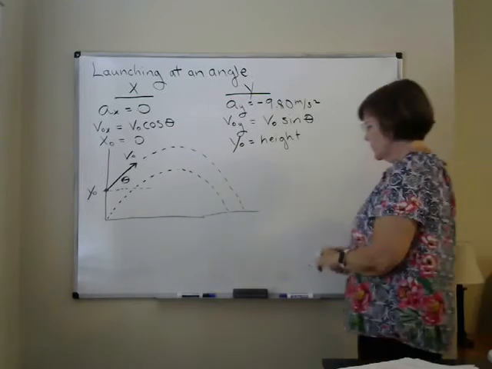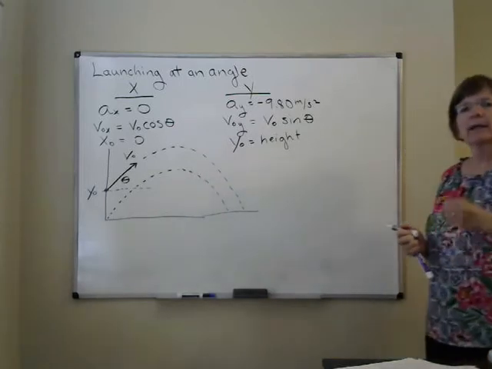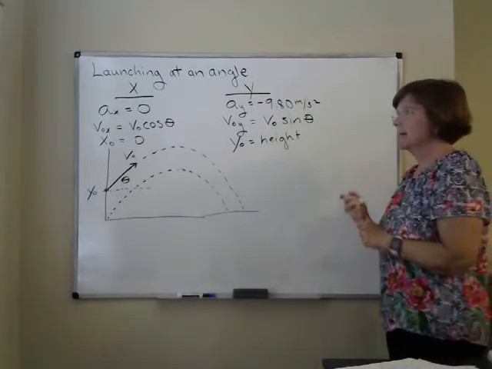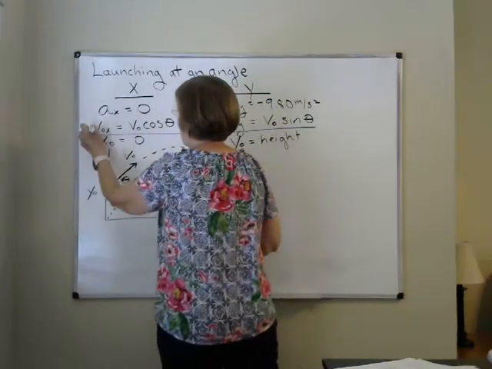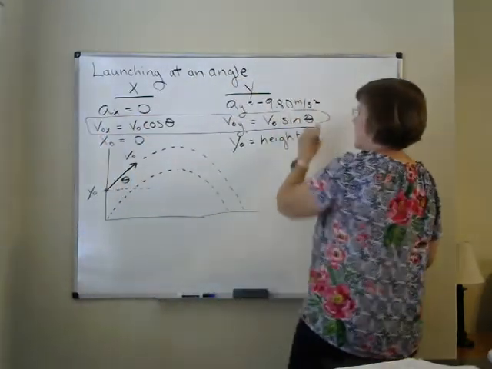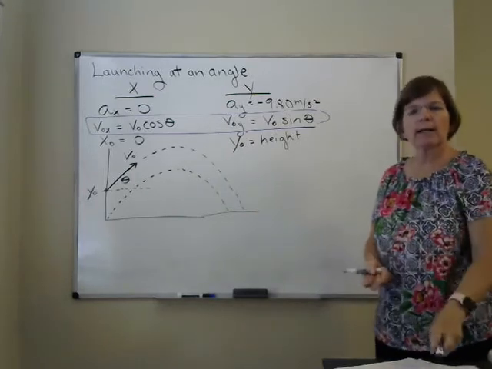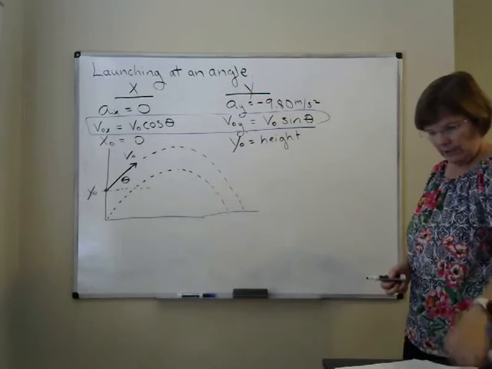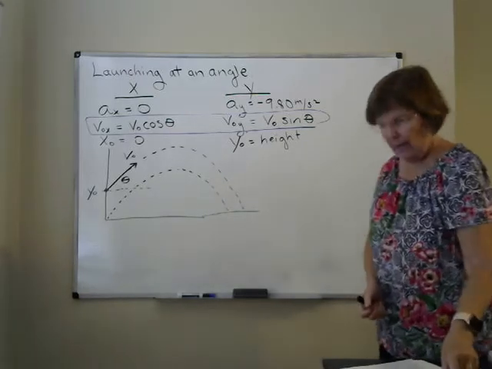The really important thing here is don't start solving a problem where you launch something at an angle without getting that initial velocity into x and y components. We've got to look at the components. All right, let's do a problem.